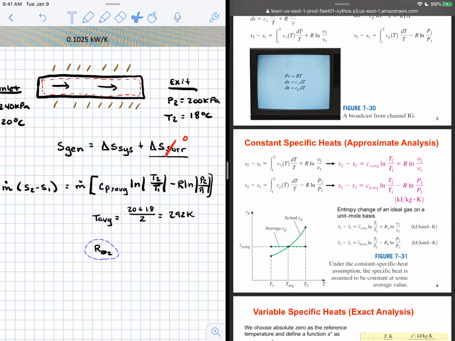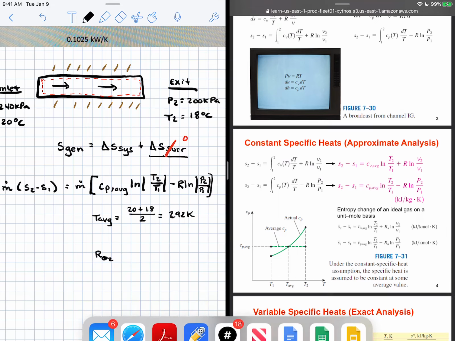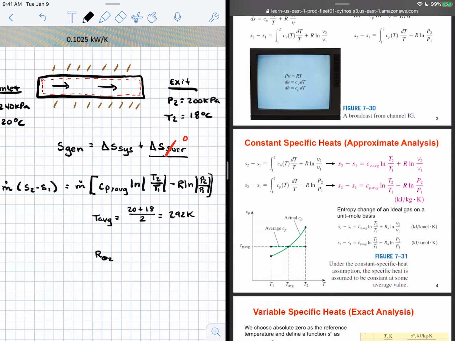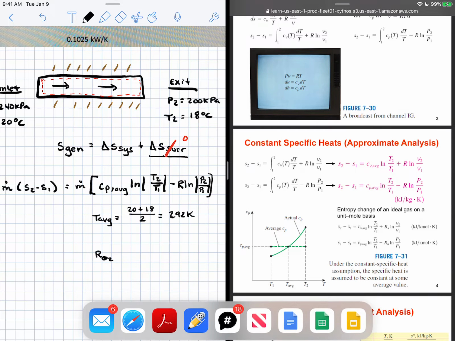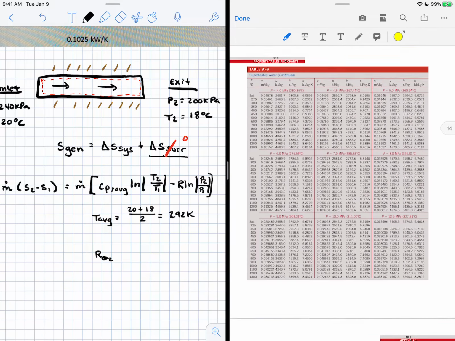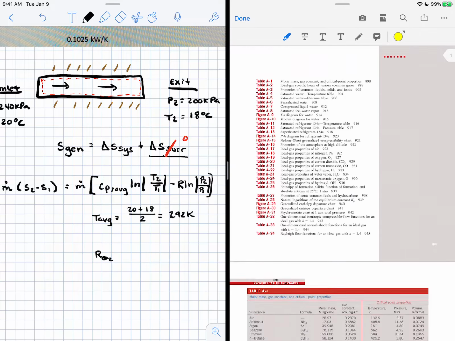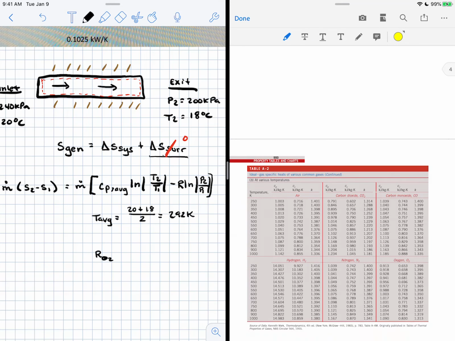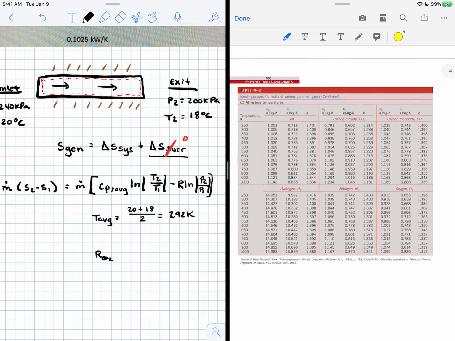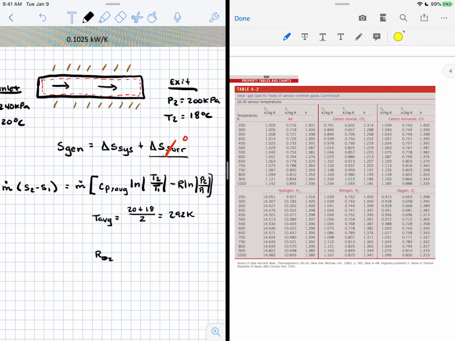So let's flip over to the tables in the back of our text, and we'll look at some of the ideal gases that we're dealing with here. Here we're dealing with oxygen, in the lower right hand corner of this table. For simplicity, I'm going to take the properties of oxygen at 300 K so I don't have to interpolate.